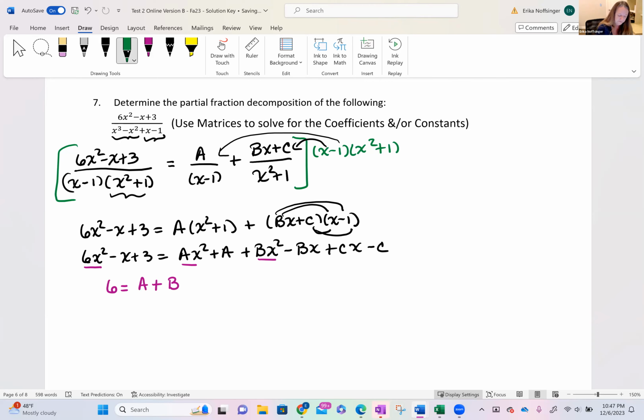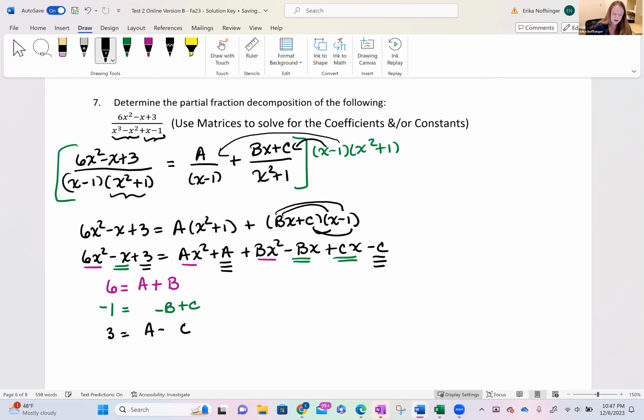Now looking at our coefficient of minus x, there's a negative 1 here. This must equal, over here we have minus bx plus cx, so it must equal negative b plus c. And then our constant 3 must equal our constants on the other side, which are a minus c.